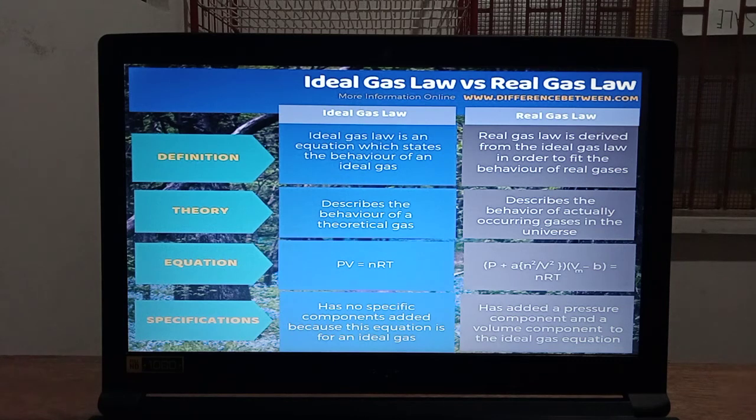The ideal gas law is an equation which states the behavior of an ideal gas, while the real gas law is derived from the ideal gas law in order to fit the behavior of real gases. The theory: the ideal gas law describes the behavior of a theoretical gas, while the theory of the real gas describes the behavior of actually occurring gases in the universe.